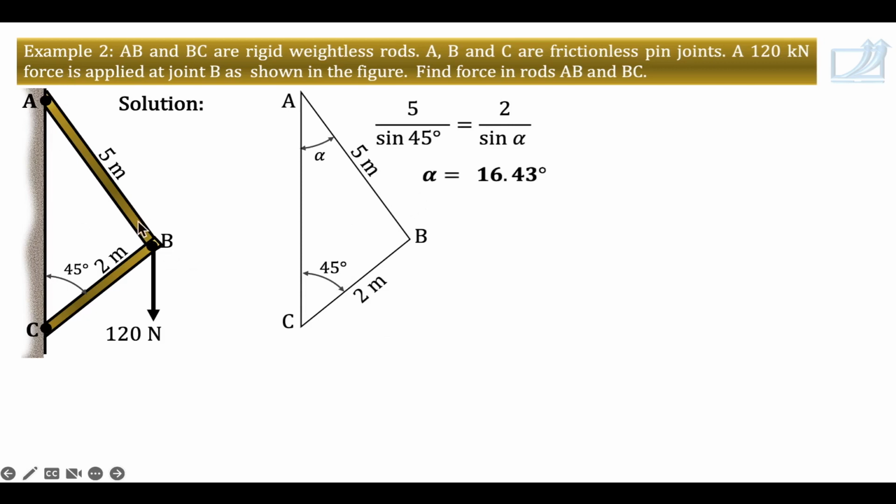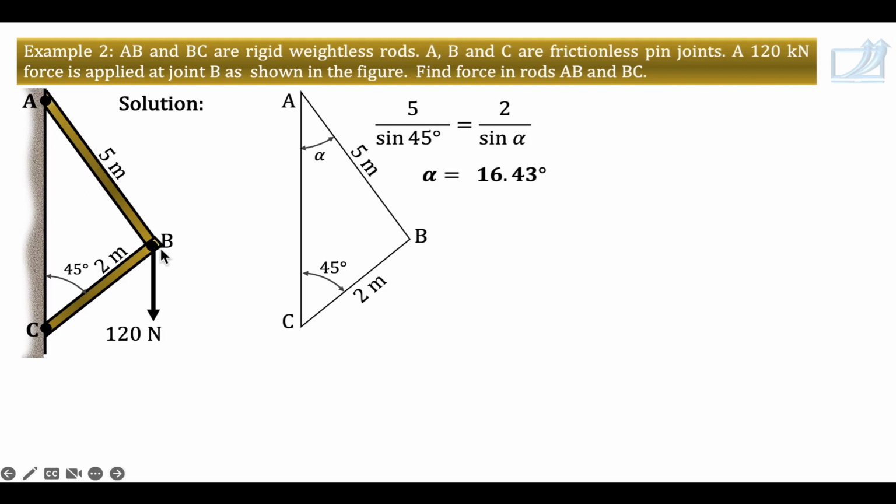Now, AB is a two-force member, BC is a two-force member. How will you come to know that? Listen, in the earlier problem I told you that supporting wires are always two-force members. But what about rigid rods? If a rod is weightless, connected at ends only, no force acting in between ends, and no couple acting on it, such a member is a two-force member.